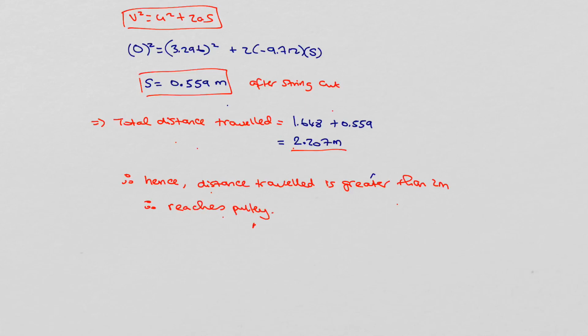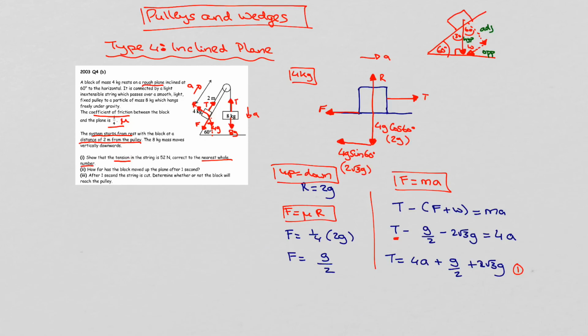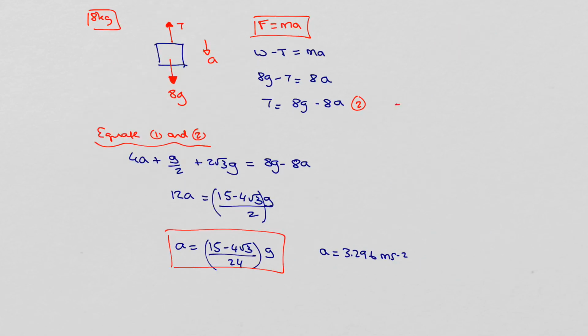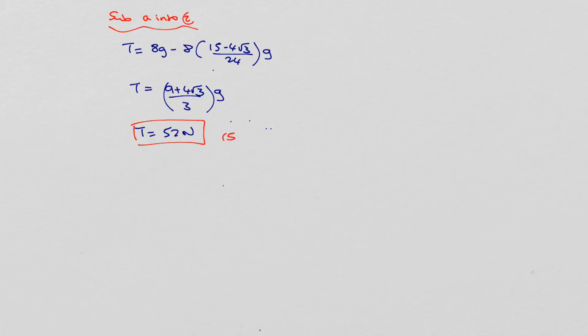Okay, all right, so where is our breakdown of marks for that? So we had a 30 mark question. We had 5 for setting up our first equation, 5 for setting up our second equation. We had 5 for getting our tension out correctly, so 15 marks for the first part of the question.